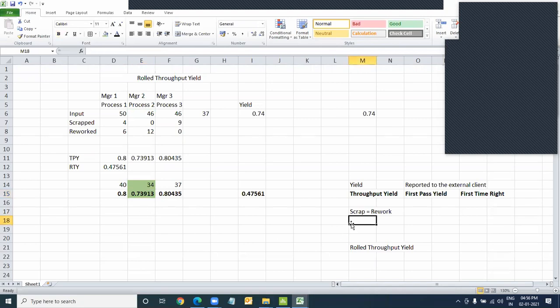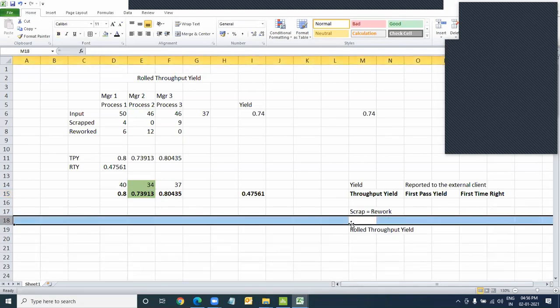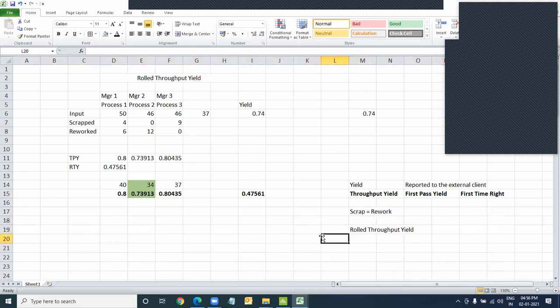I have a question. Yeah, please do. Are scrap and rework equally bad? Technically, scrap means we're done with it. When you do a rework, you are utilizing the same time, effort and resources to fix a defect.